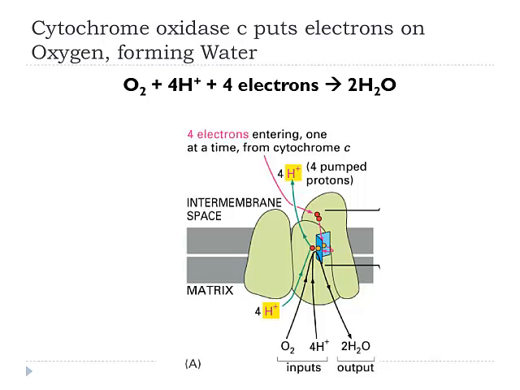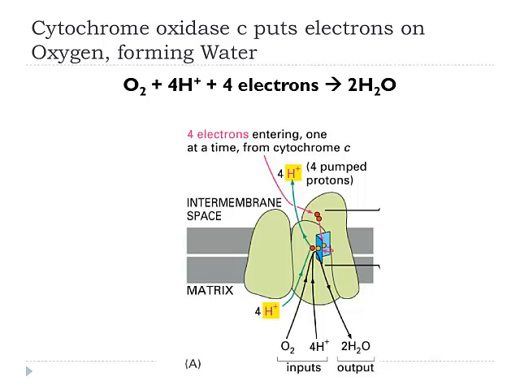cell respiration. So how many protons do you get pumped? You get 4 protons pumped for every 4 electrons entering. And the 4 electrons accepted by the 2 oxygen molecules are combined with hydrogen to form water.